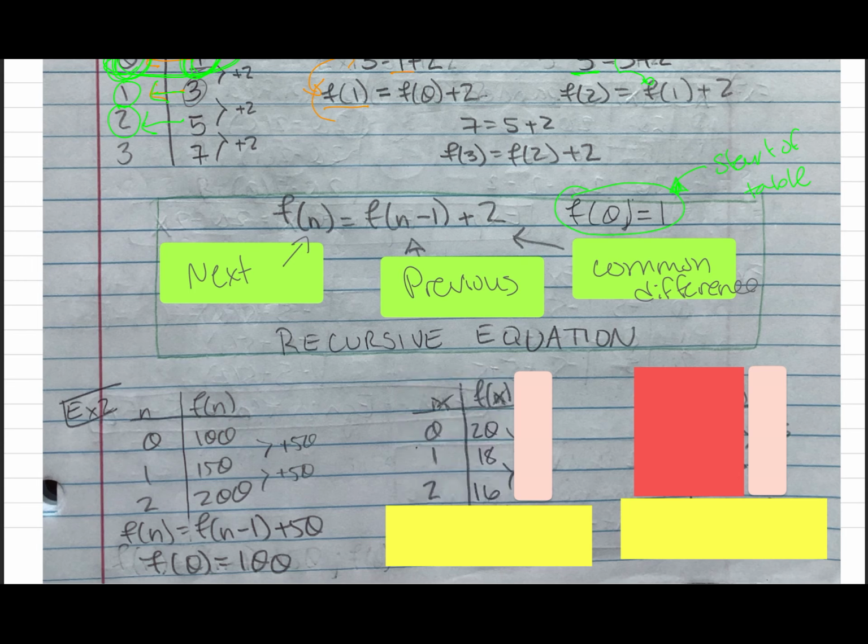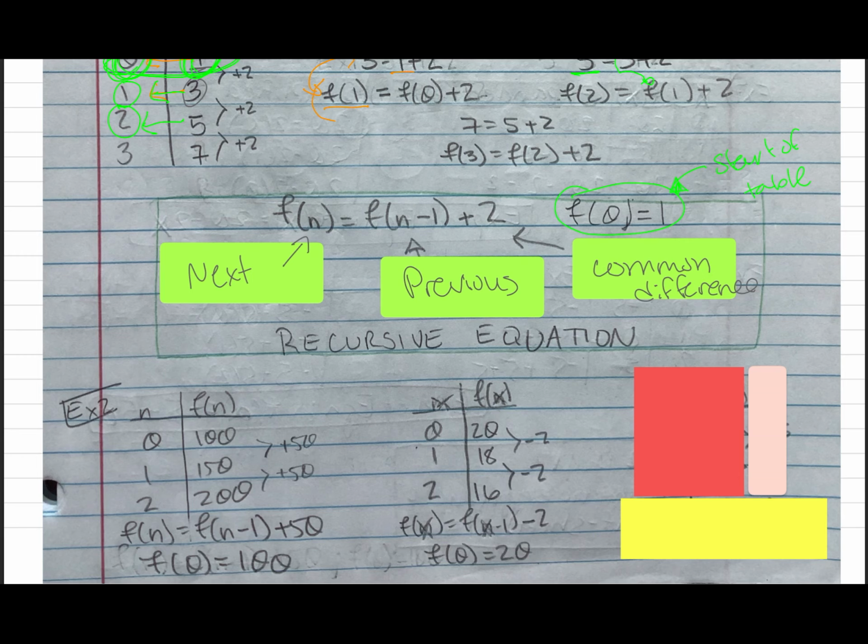Then we have our next example. We have 0, 1, 2, 20, 18, 16. This table is going down by 2s. It's subtracting by 2. So when I write the recursive, once again, no matter what, it's always going to start with f of n equals f of n minus 1 minus 2. Or in this case, I decided to use x's.